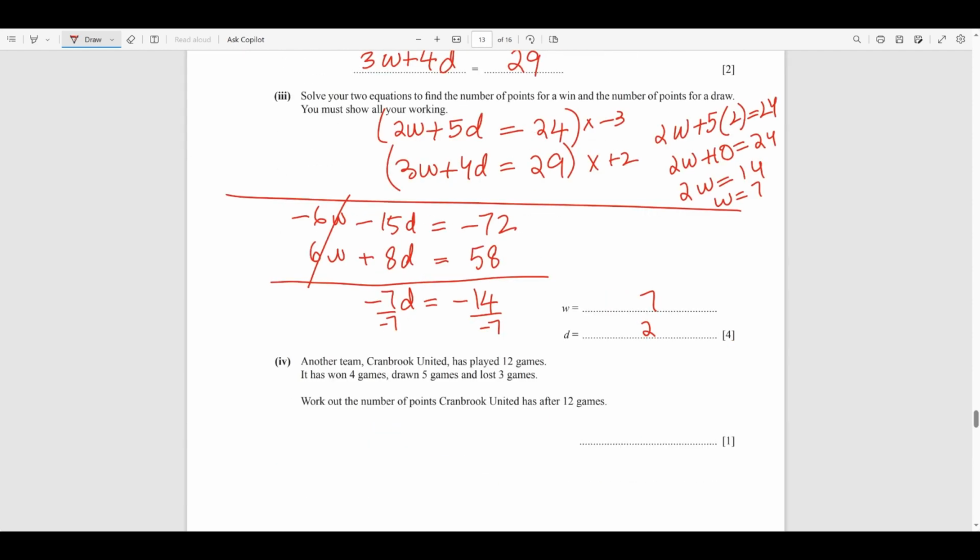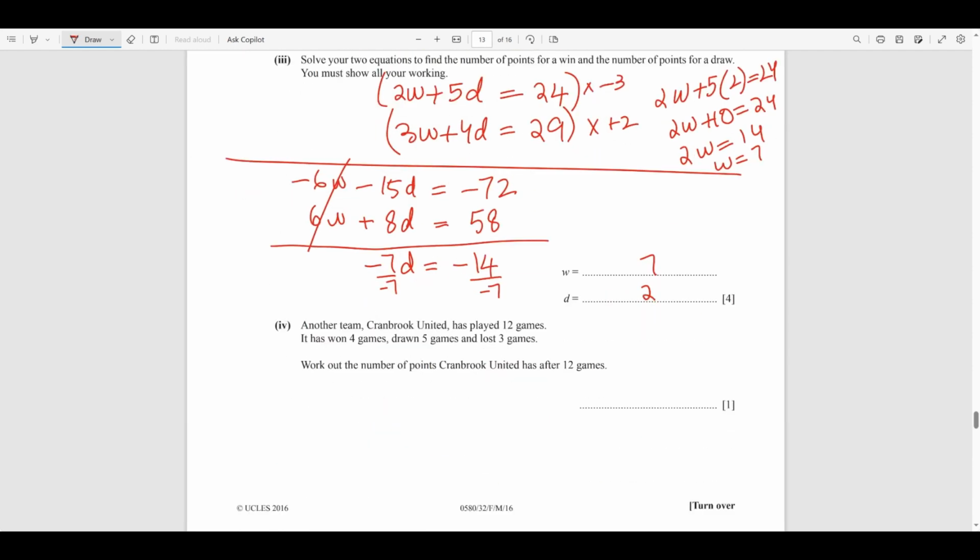Next. Another team, Cranbrook United, has played 12 games. It has won 4, drawn 5, and lost 3. So you have to calculate the points. 4 games it has won, so 4 times 7, because it has 7 points for one win, and drawn 5, so 5 times 2, and then lost 3.